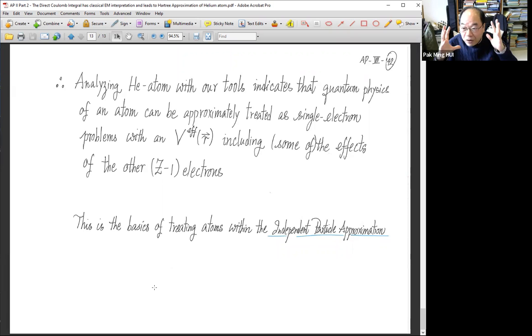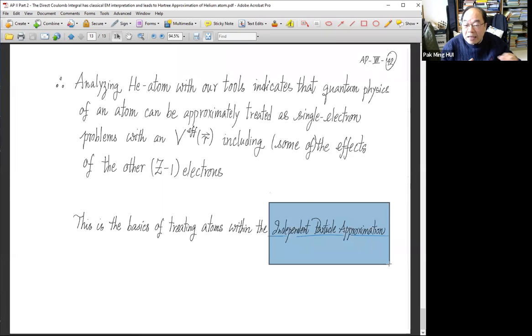Okay? With this, it started to emerge as a single electron problem. That is the basis of what is called the independent approximation in atomic physics. This simply means we reduce everything to single electron state calculations. So that ends this part. The next section will continue on with single electron approximation.